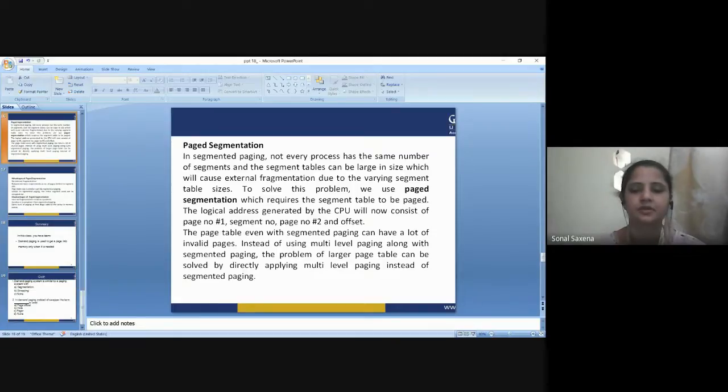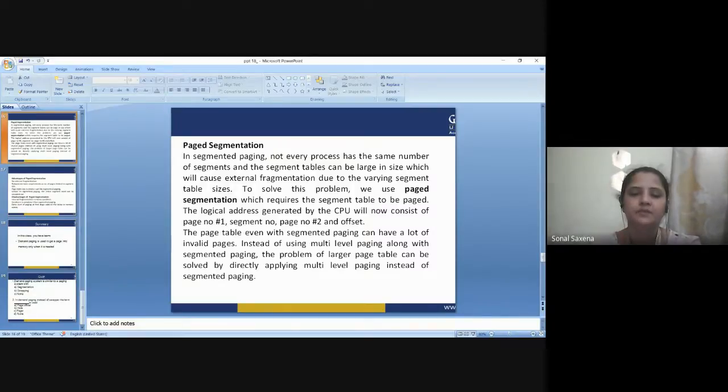After this, let us discuss what is paged segmentation. In segmented paging, not every process has the same number of segments, and the segment tables can be large in size, which will cause external fragmentation due to the varying segment table sizes.